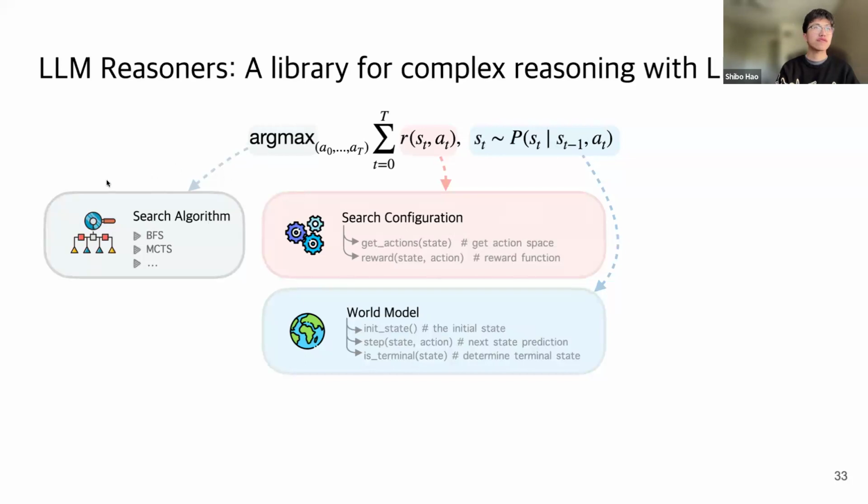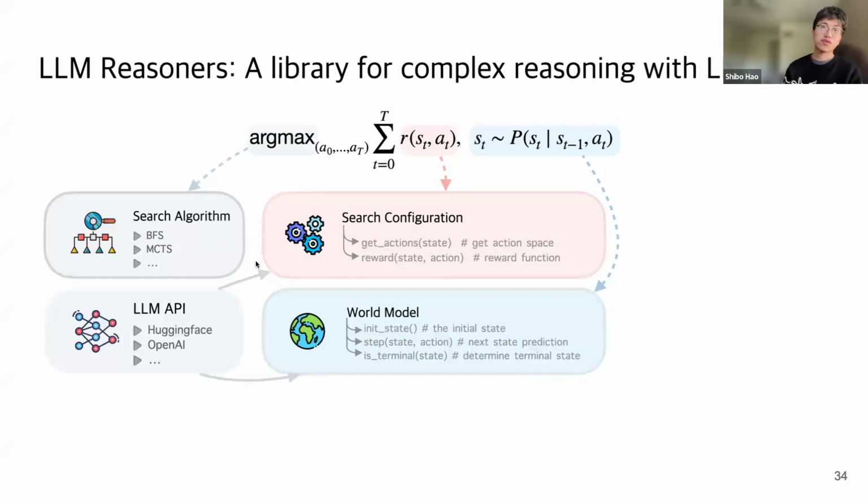We also have different search algorithms implemented. We also incorporate multiple LLM APIs, and users can decide whichever they want to use. Just like what we've just shown, many of these functions can be powered by a large language model.